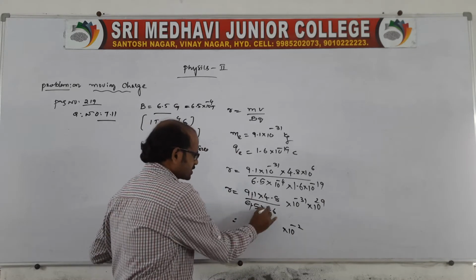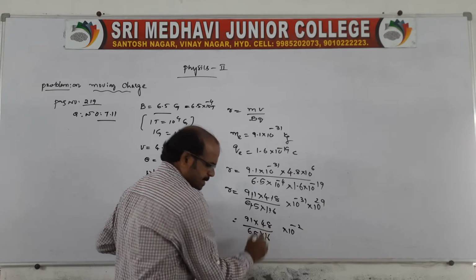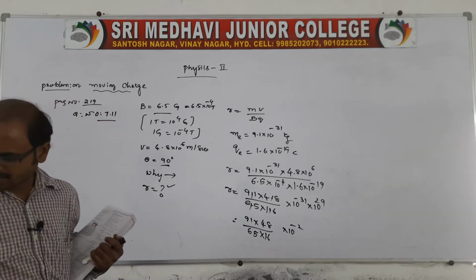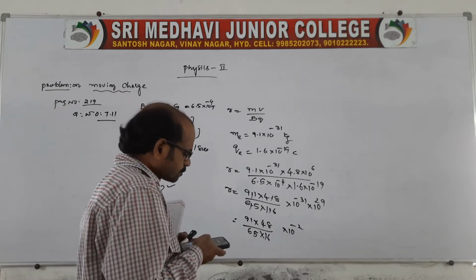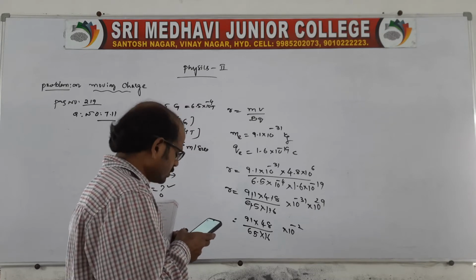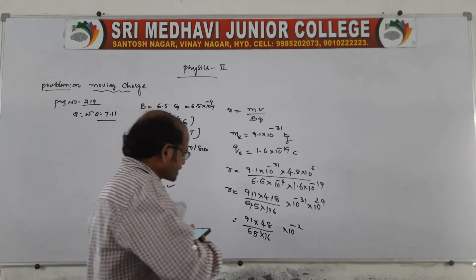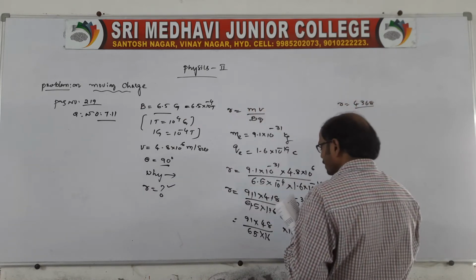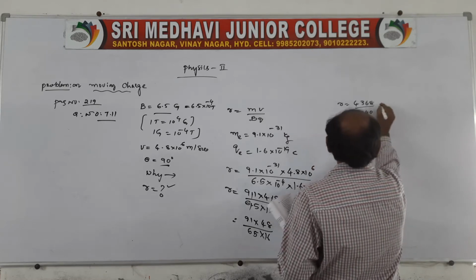Cancelling the decimal points, we have 91 into 48 divided by 65 into 16. Taking the multiplication, we get the radius of the circular path. 91 into 48 is approximately 4368, divided by 65 into 16, which is 1040, into 10 power minus 2.